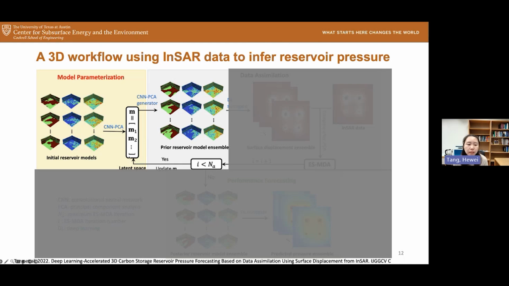And also, from this latent space, can we generate new models, meaning new realizations of facies distribution, porosity distribution, and permeability distribution? So this is our major objective of doing model parameterization.